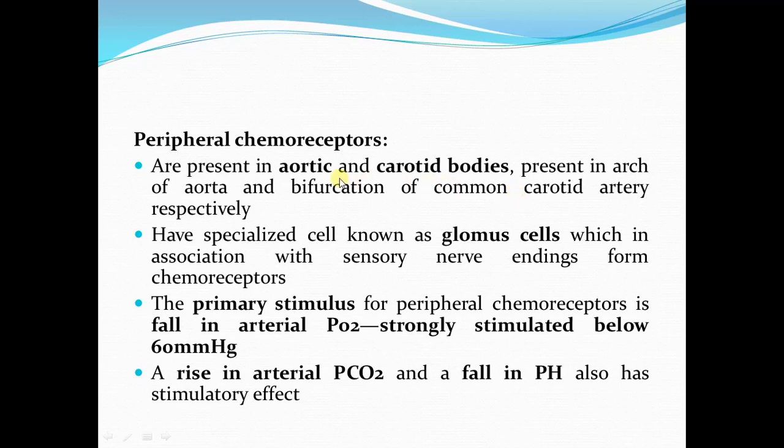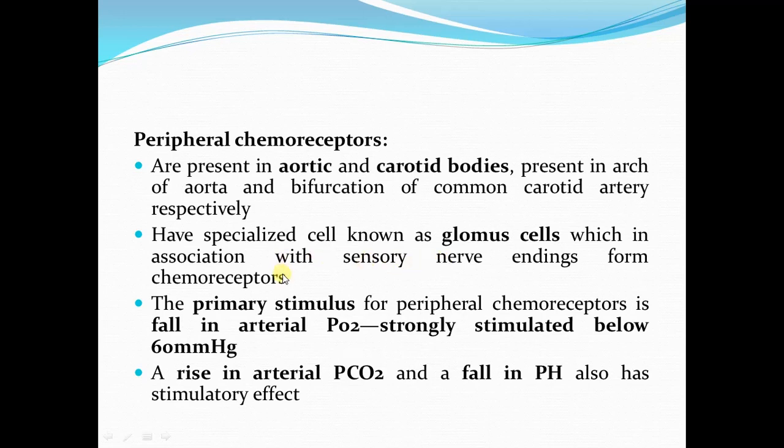The aortic and the carotid bodies have specialized cells known as glomus cells. These glomus cells, along with their sensory nerve endings, form the peripheral chemoreceptors.